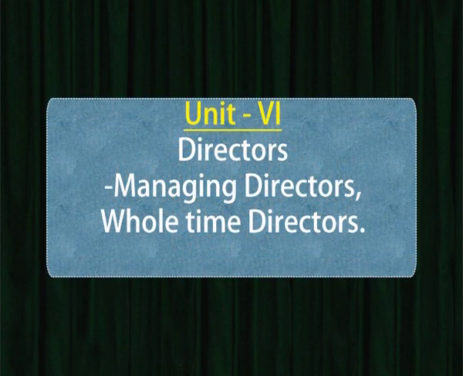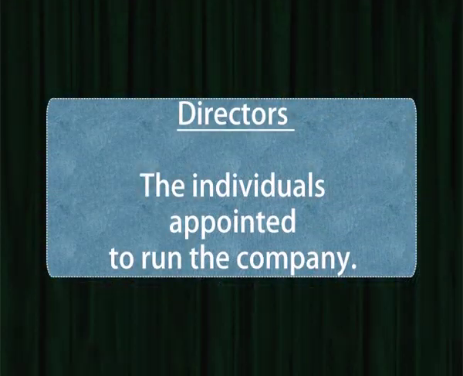Unit number 6 deals with the directors, managing directors, whole time directors. As you know, company is an artificial person. It is run by the board of directors. Directors are the individuals appointed to run the company.